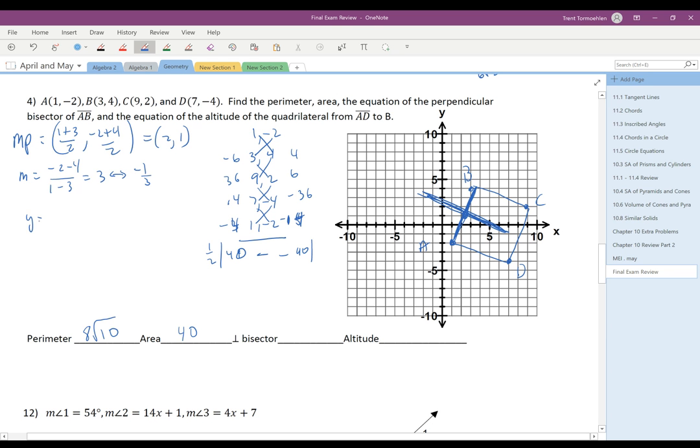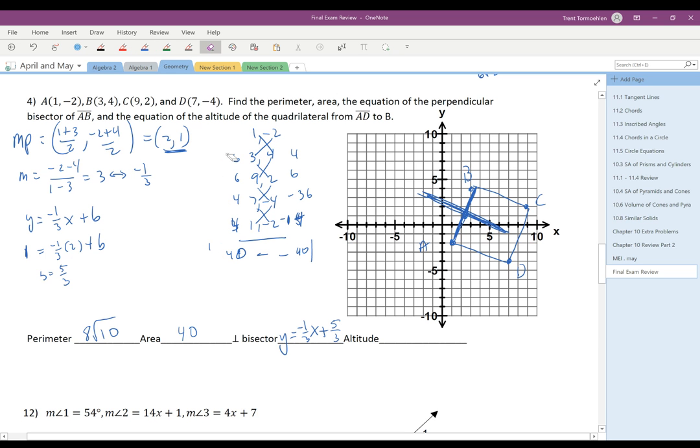So it's going to be y equals -1/3 x plus b. Substitute the point in, you get 1 equals -1/3 times 2 plus b. Add 2/3 to both sides, you get 5/3. So b is 5/3. So the equation of our bisector is y equals -1/3 x plus 5/3, since we found our y-intercept to be 5/3.